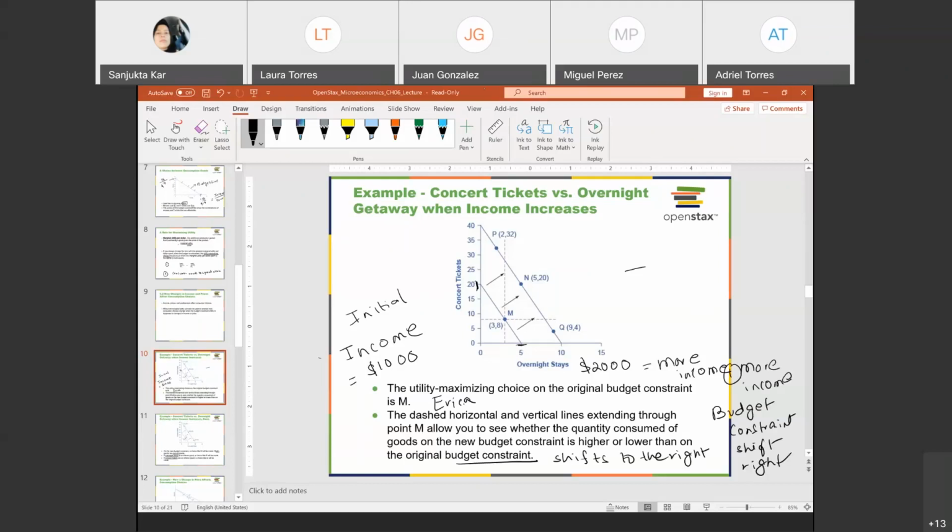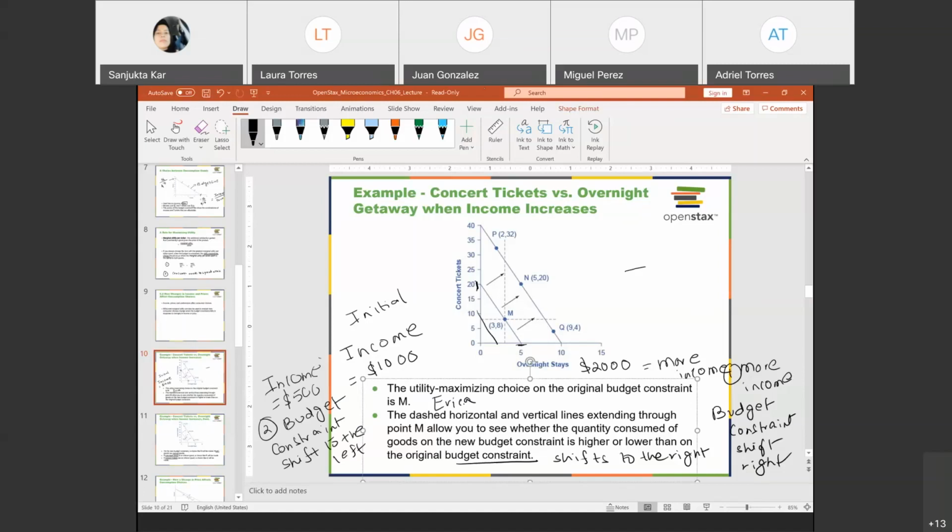On the other hand, if the income goes down, if Erika's income is down from $1,000 to $500, I hope this doesn't happen to anyone, in that situation the budget constraint will shift to the left. Okay, this is how this whole thing works.